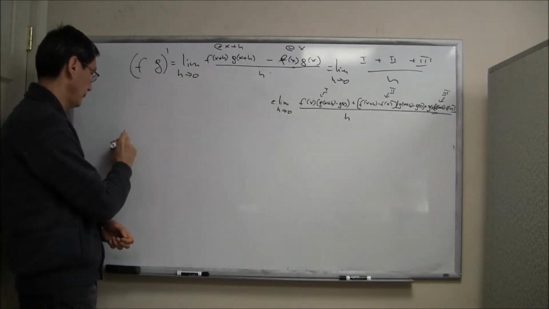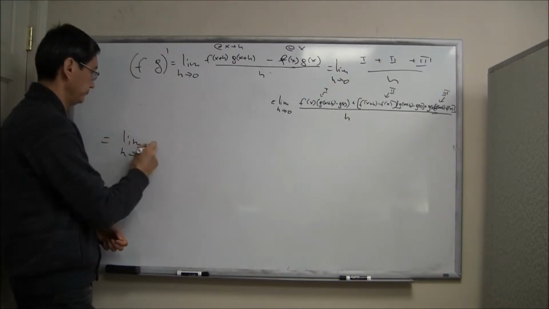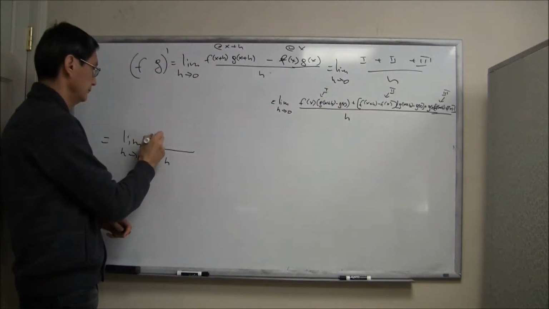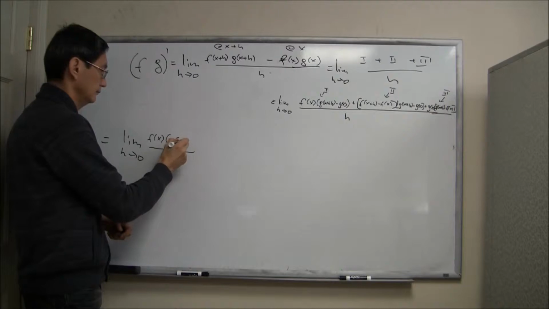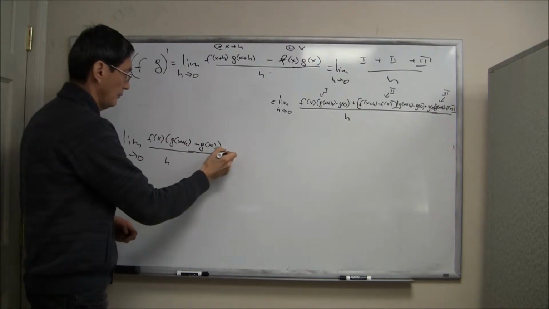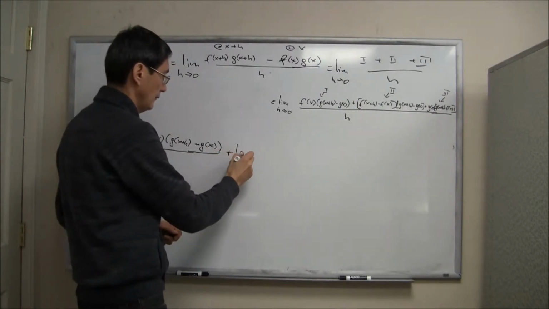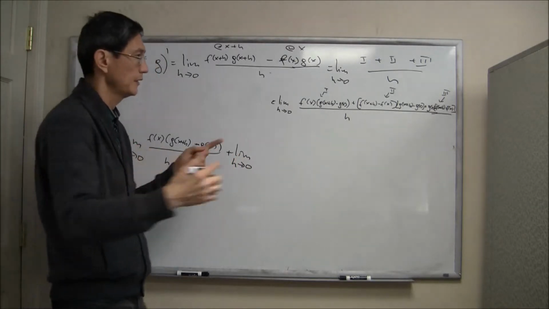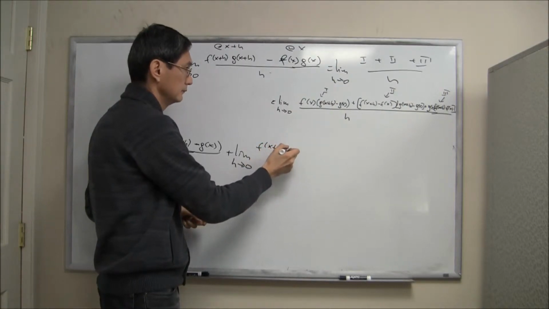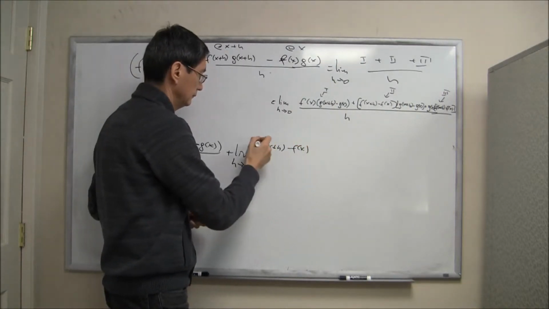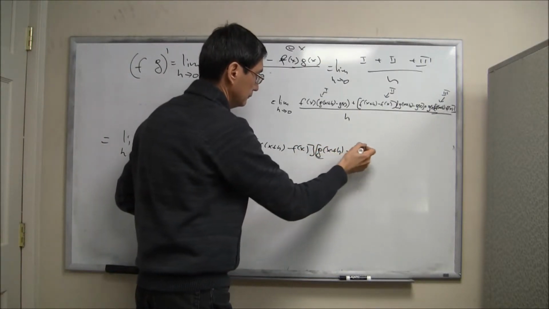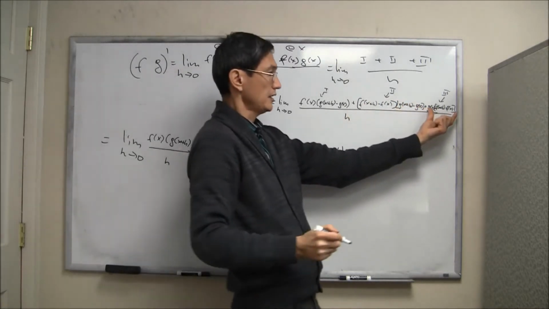So, the limit as h approaches 0. First piece over h, plus, so I'm going to write down 3 different limits, plus this over that, plus piece 3 over h.